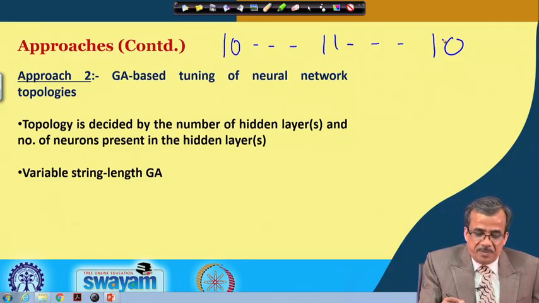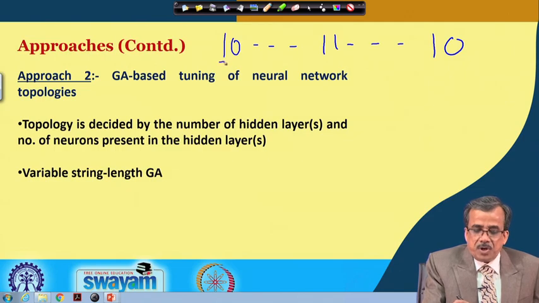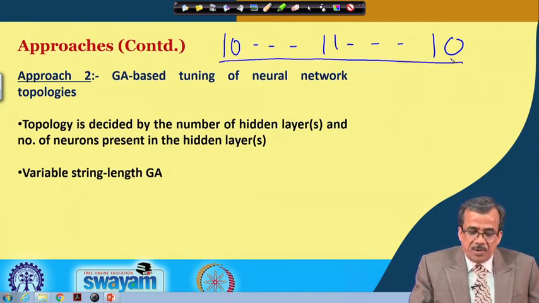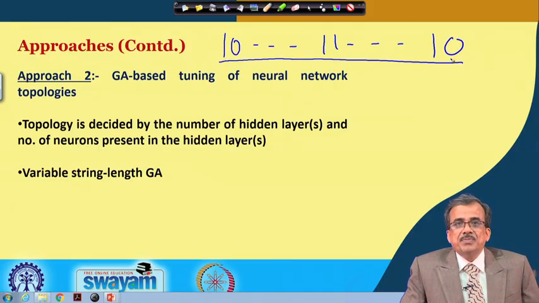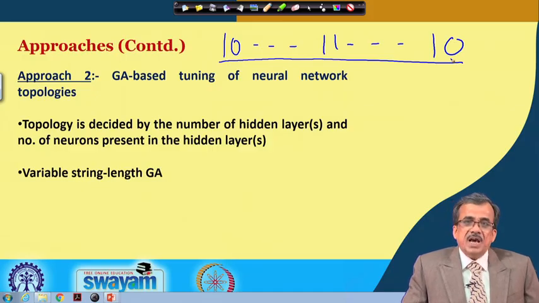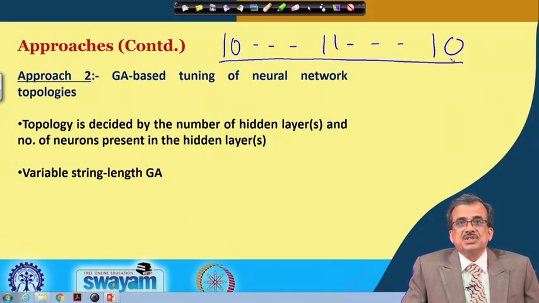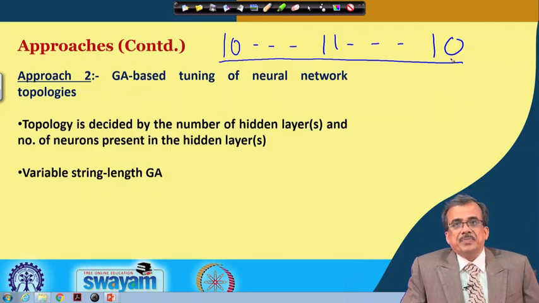And that means from one GA string to the next GA string, the number of hidden layers and the number of neurons to be present in the hidden layer are going to vary. That means we are going to face a problem that is called the variable string length genetic algorithm.